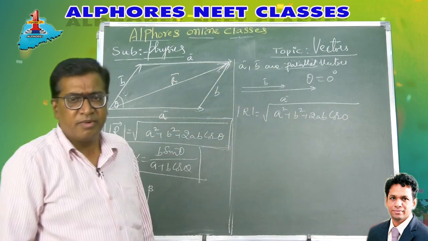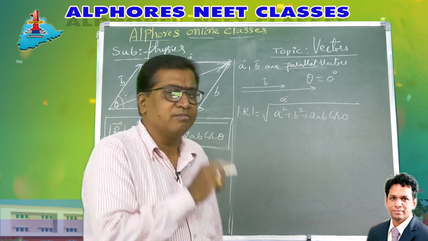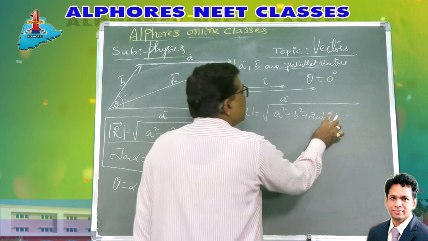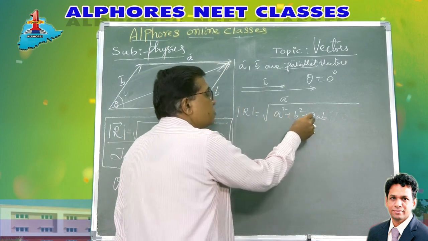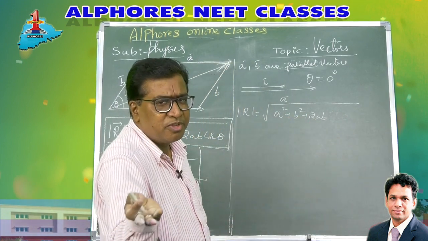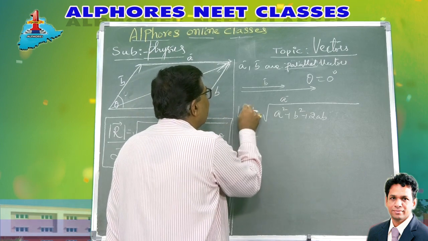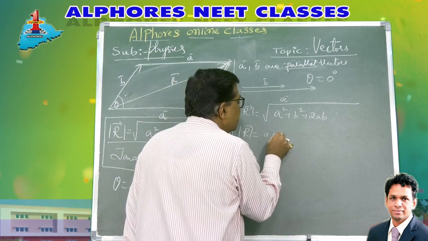According to trigonometry, cos 0 is 1. So I get A square plus B square plus 2AB, which is A plus B whole square. Therefore, magnitude of R bar is simply A plus B.